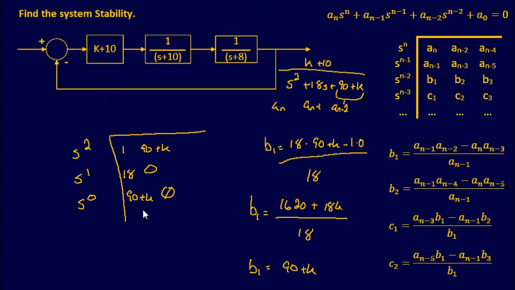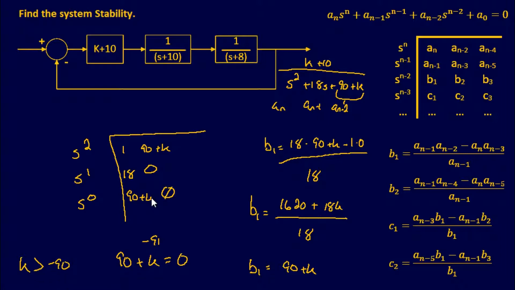Well, we need this whole column to stay positive. And the only way this is going to stay positive is as long as 90 plus K does not go to or below 0. So as long as K doesn't go to -91, then your system is stable, which means K must be greater than -90.